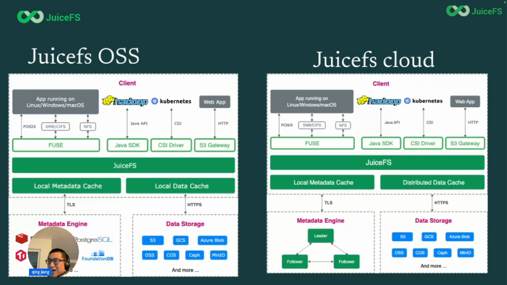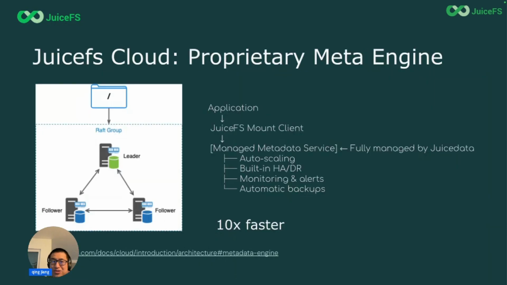And I would like to go back to the meta engine again to show you the capability of the proprietary meta engine running in the cloud service. You can see it has a Raft group as a built-in high availability setup. We also offer a monitoring UI, so you can monitor the performance.